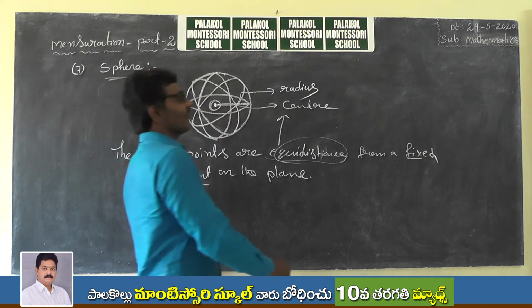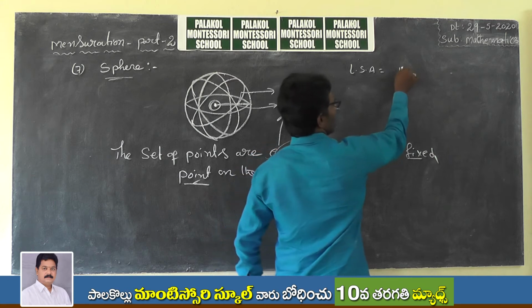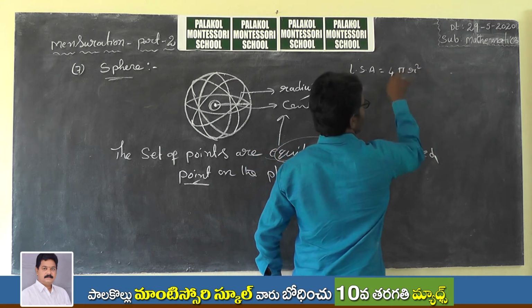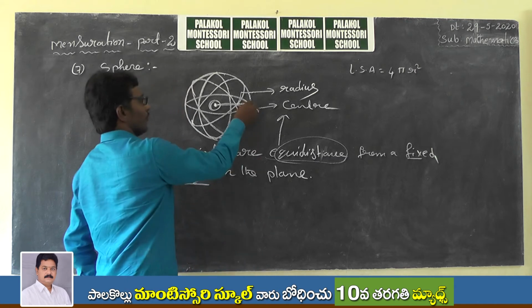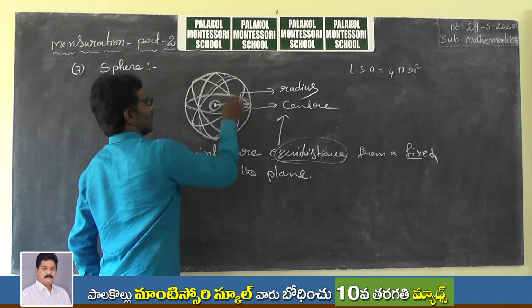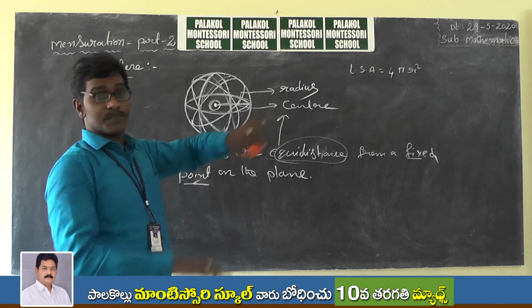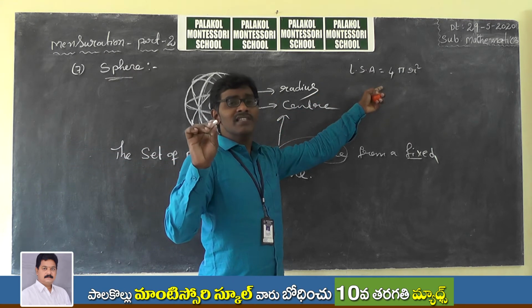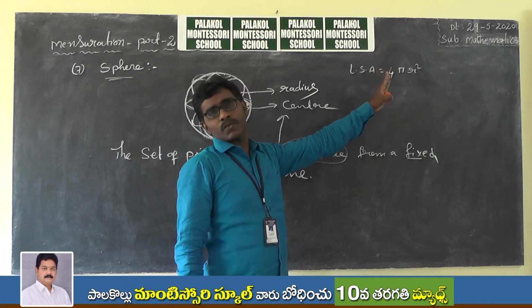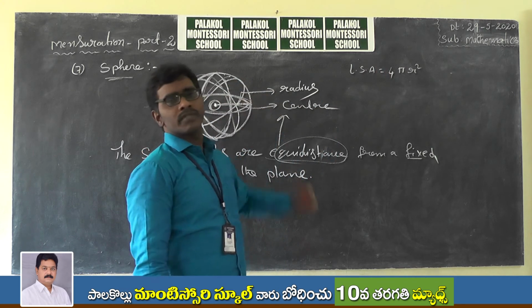What is the lateral surface area of the sphere? The formula is 4 pi r square. Generally, 4 circles joined together form the sphere. Each circle's area formula is pi r square, so 4 circles joined one by one form the sphere.